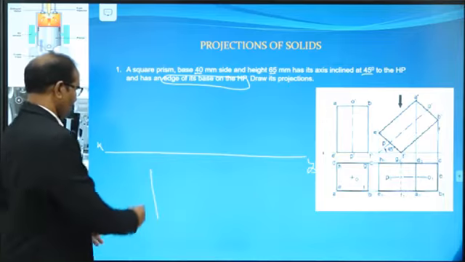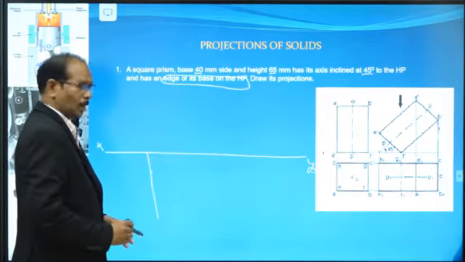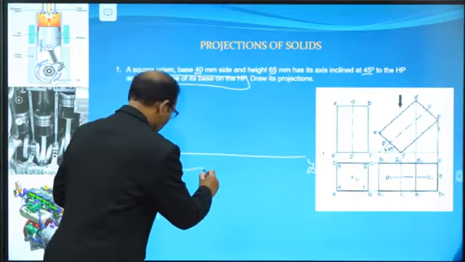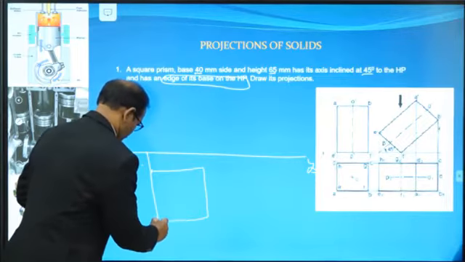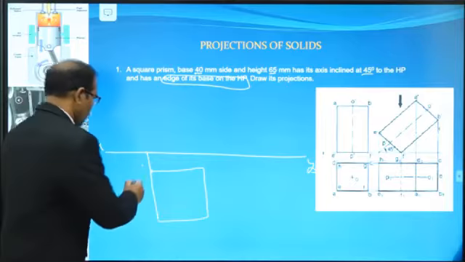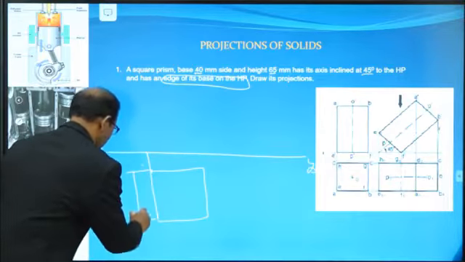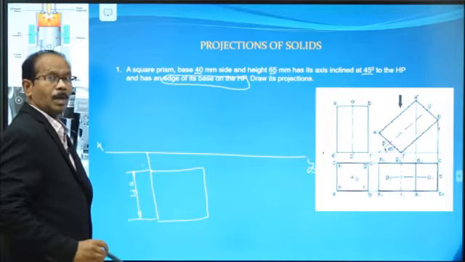Just draw a line, then take any convenient gap and draw 40, 40, 40. What is the size? The side given is 40 mm, using the aligned system of dimensioning.